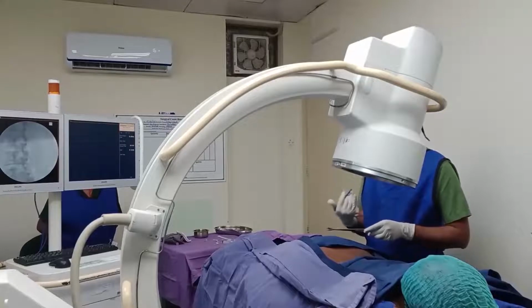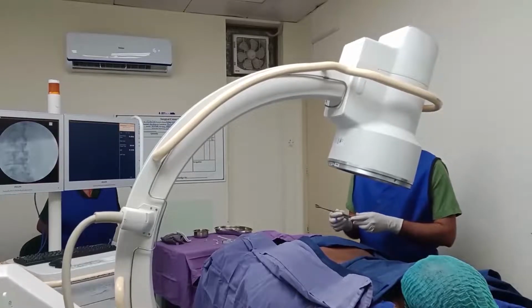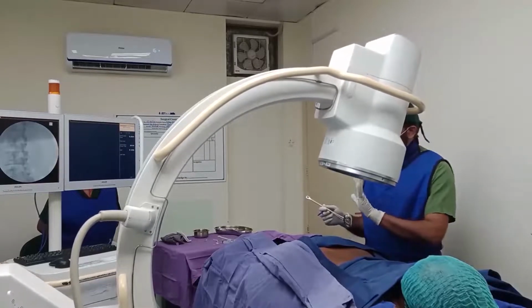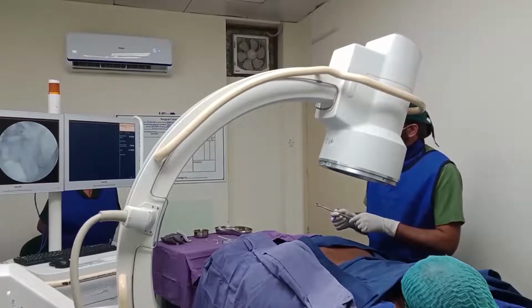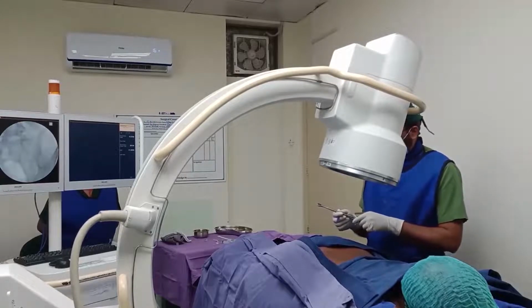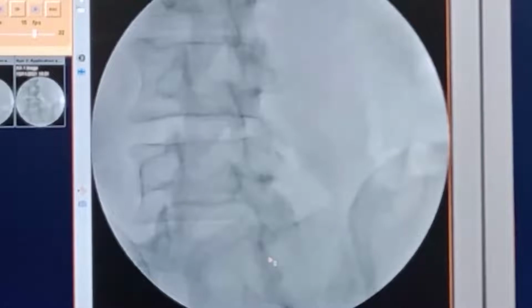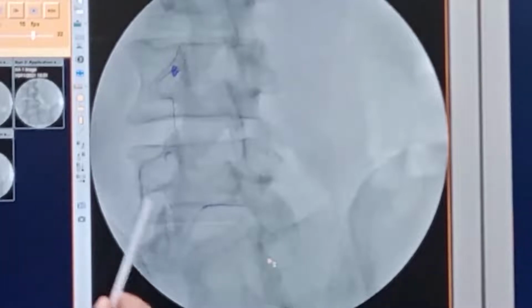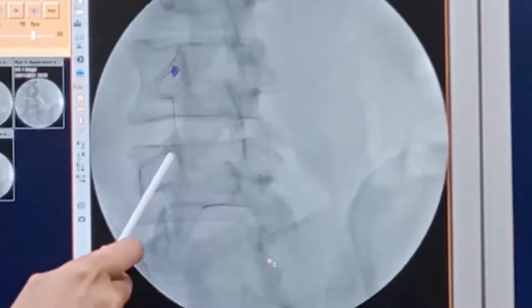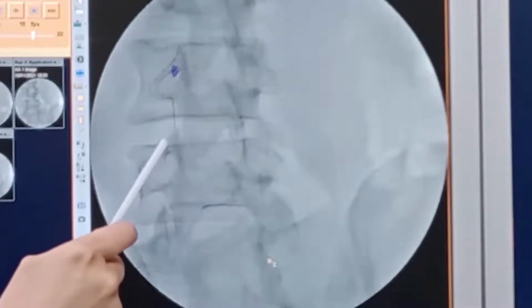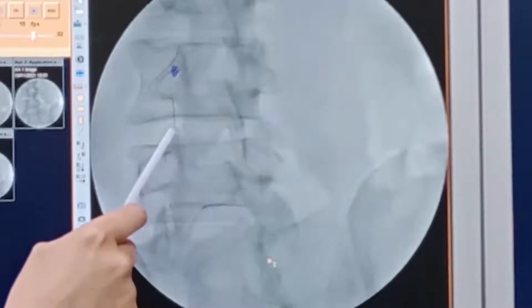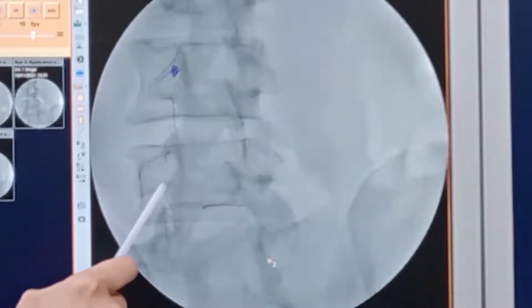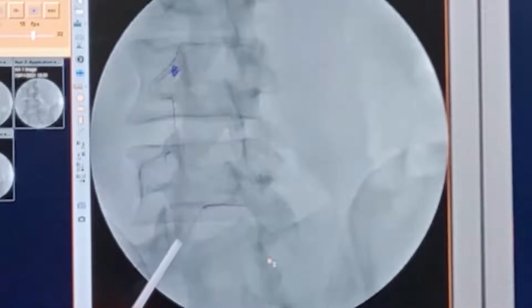Now the oblique view of the C-arm is taken. The C-arm is obliqued towards the area of interest. The Scotty dog is becoming more visible on the oblique view. With the drawing, this is the eye of the Scotty dog, the ear of the Scotty dog, which is the superior articular process, the transverse process, and the front leg of the Scotty dog.